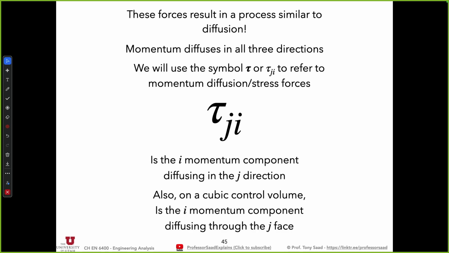Remember, an x face is a face perpendicular to the x axis, a y face is perpendicular to the y axis, and a z face is perpendicular to the z axis. So j represents not only direction, it also represents which face the momentum is diffusing through. This is going to become clearer and clearer as we do more examples.